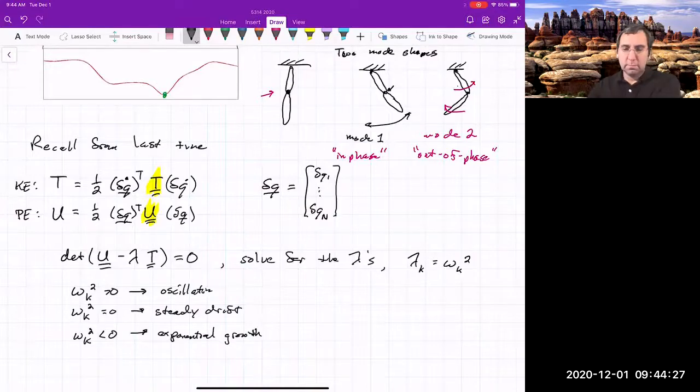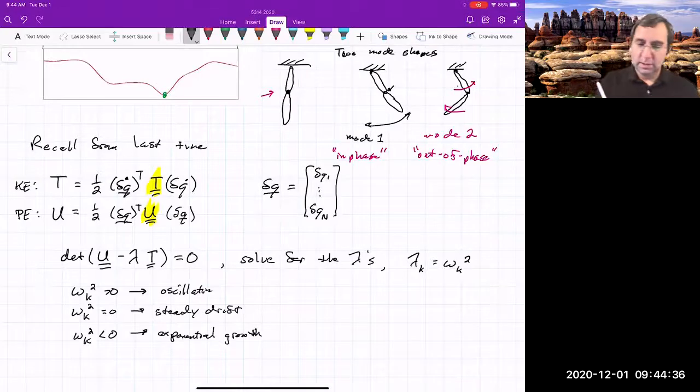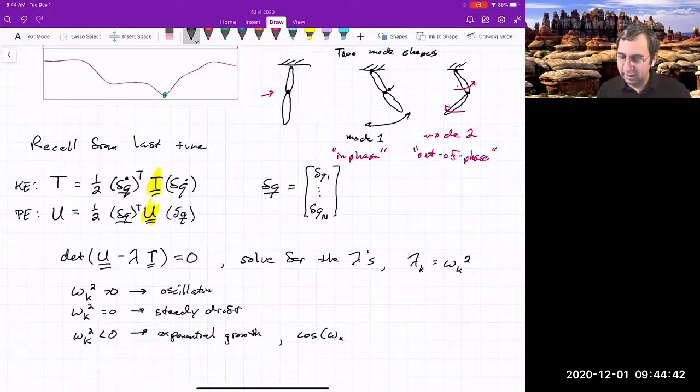You might think that if we have cosine omega k t, in this case omega k is equal to the imaginary number i alpha, where alpha is greater than 0.